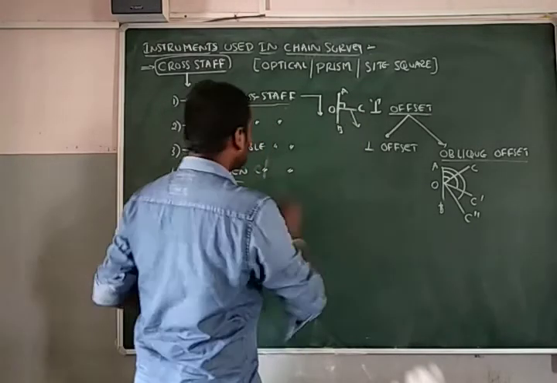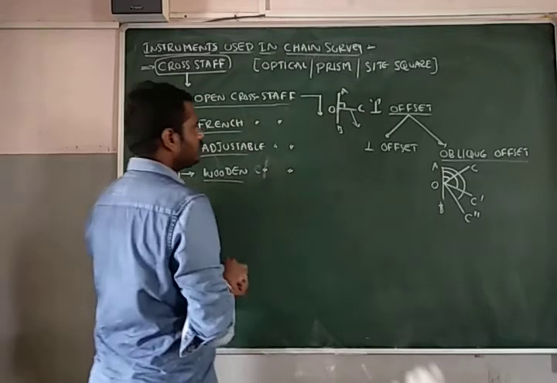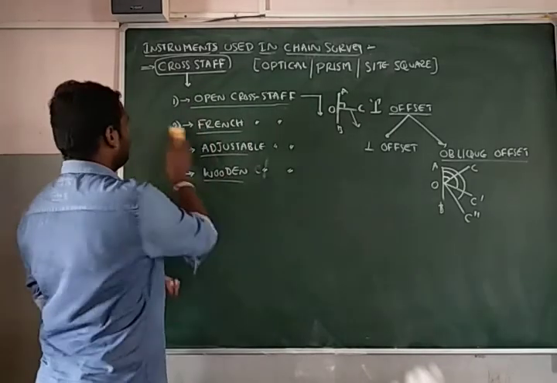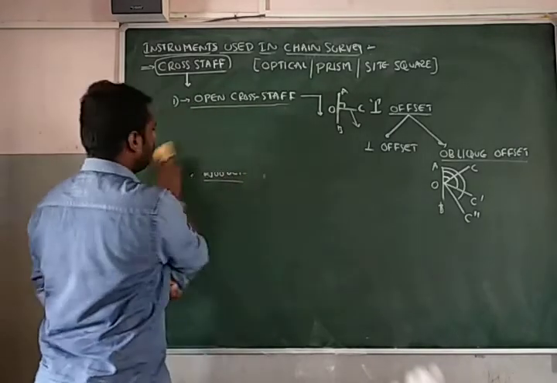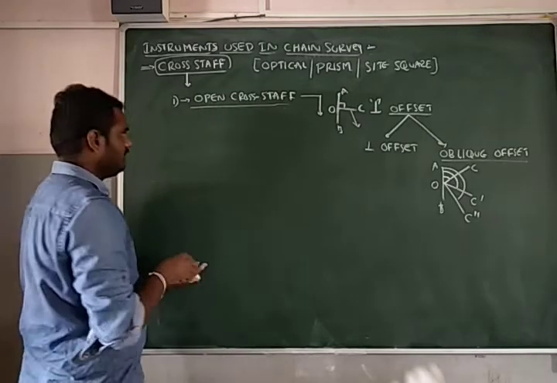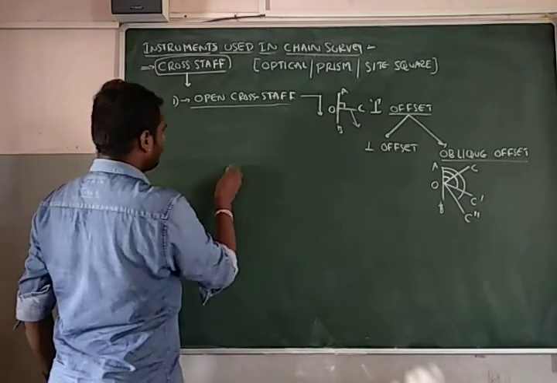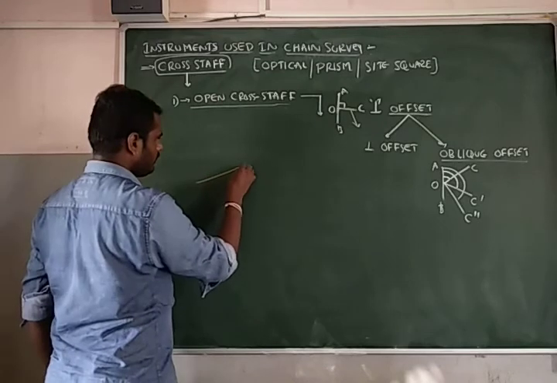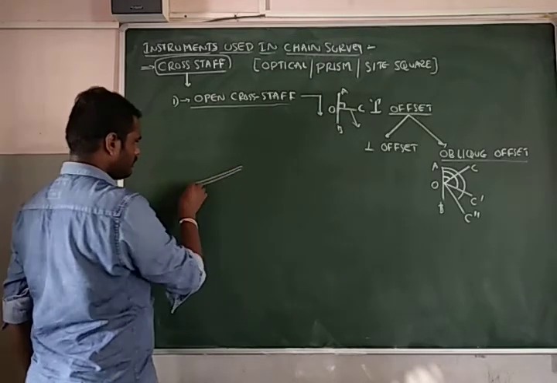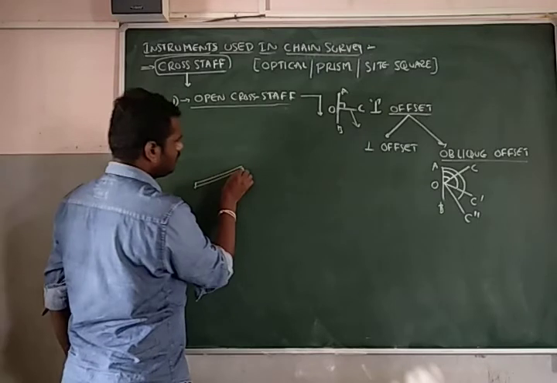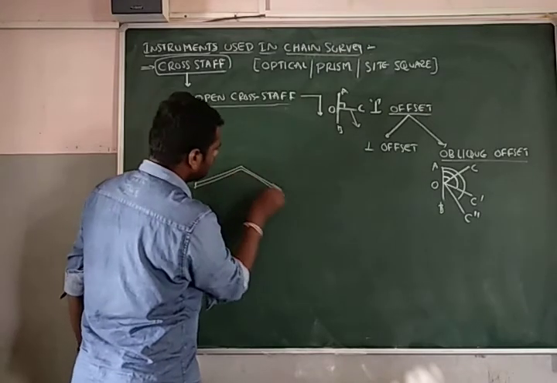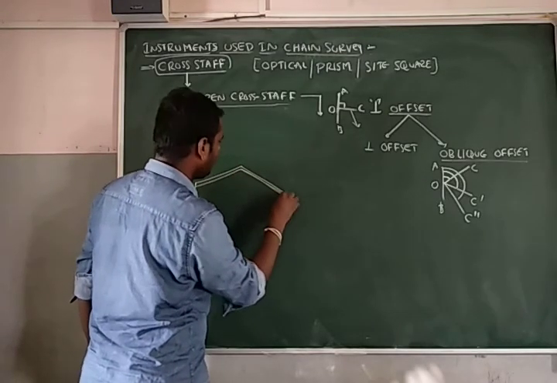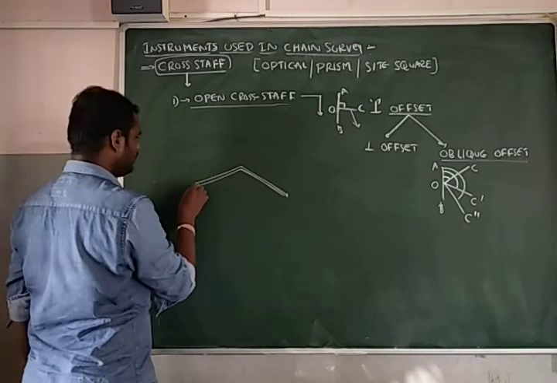Now we will see the diagram of this open cross staff. So this would be like this. This is the rough diagram. Open cross staff would be like this.